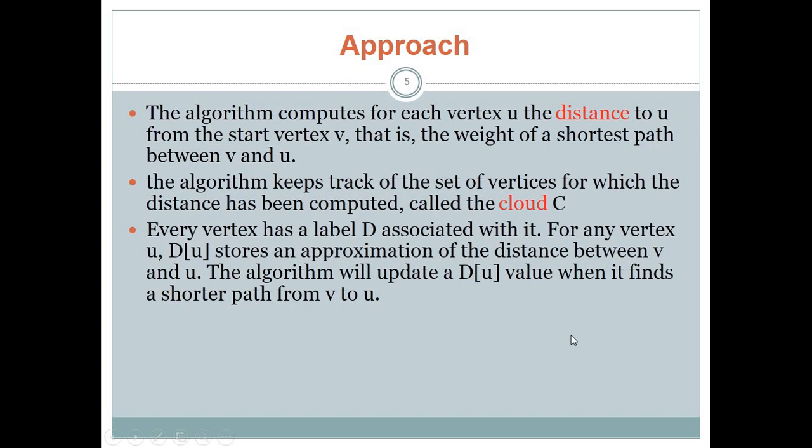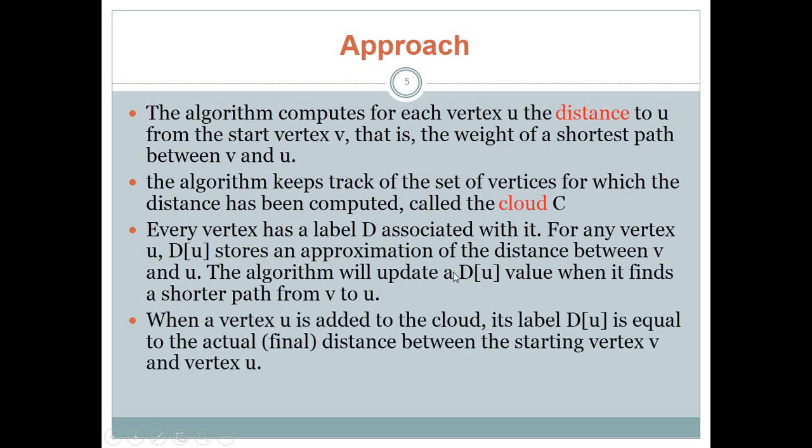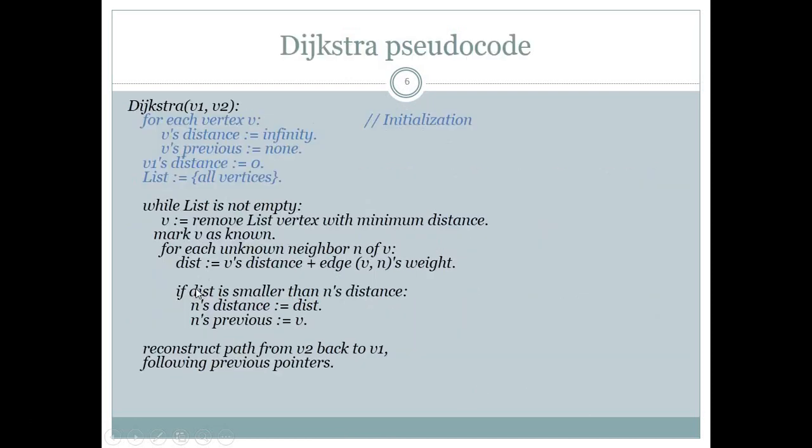If we find a shorter path than the previous path, then it will update and store it into du. When a vertex u is added to the cloud, its label du is equal to the actual distance between the starting vertex v and vertex u. Okay, so it will be the distance between v and u.